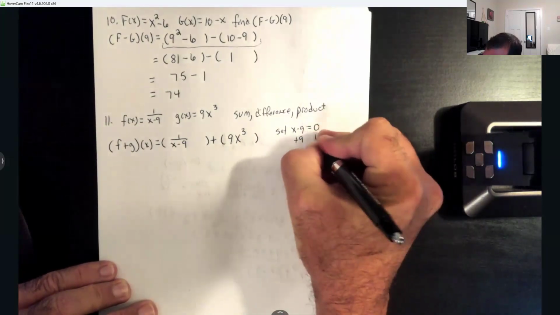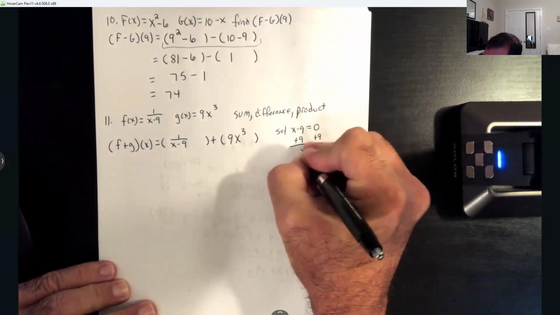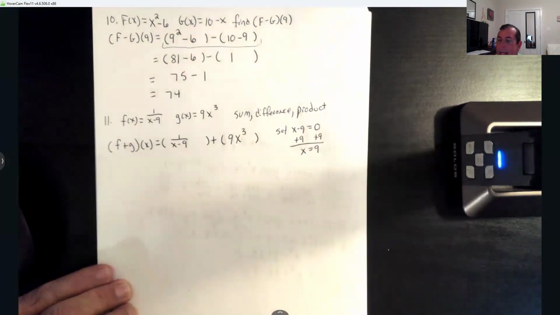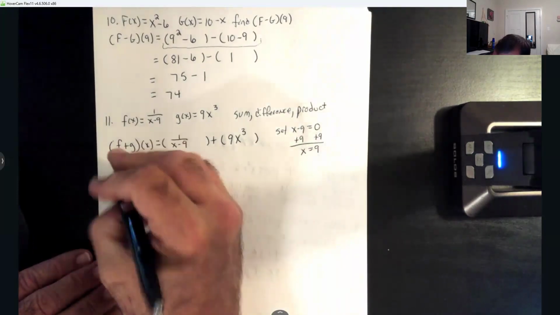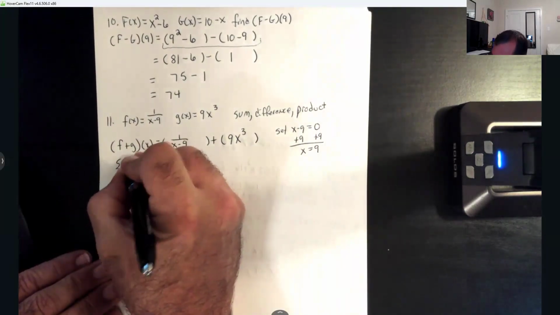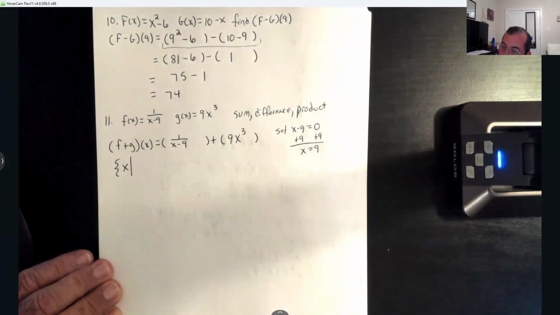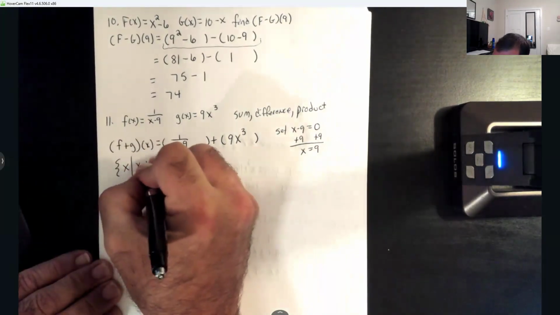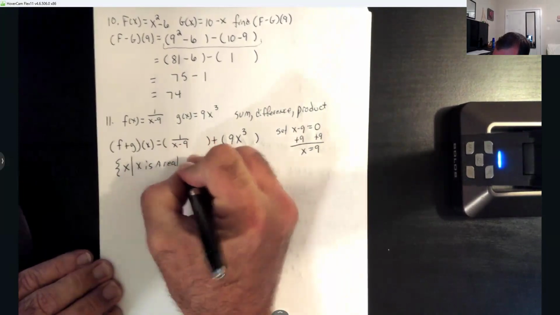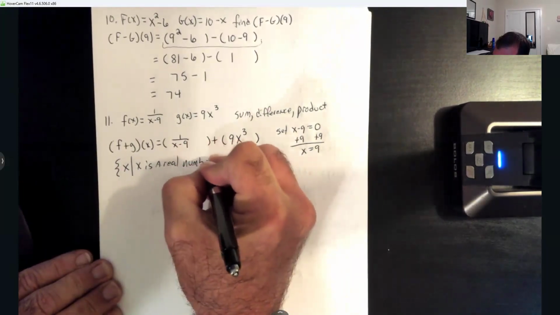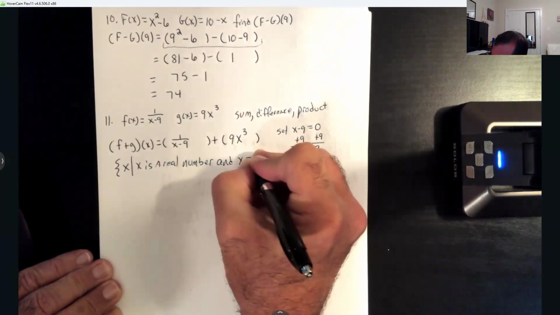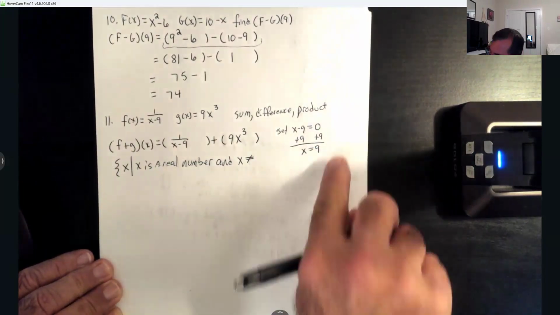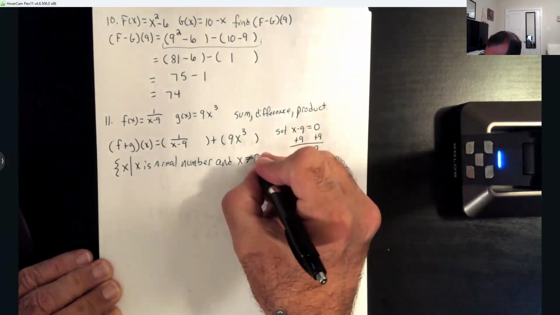All I gotta do here is add 9 to both sides. And I get x is a 9. So that means this domain will be x such that x is a real number, and x cannot equal a positive 9.